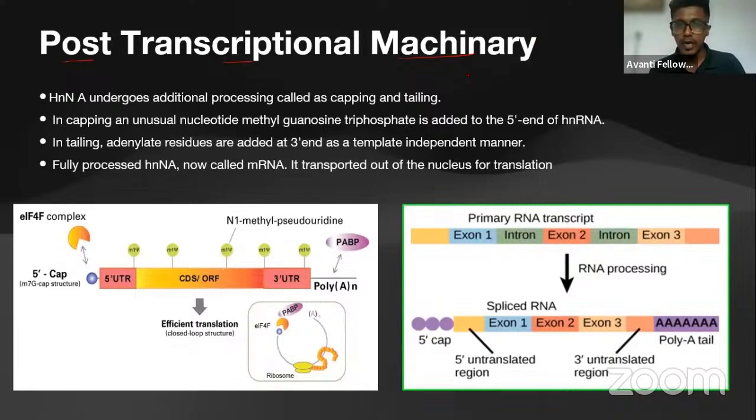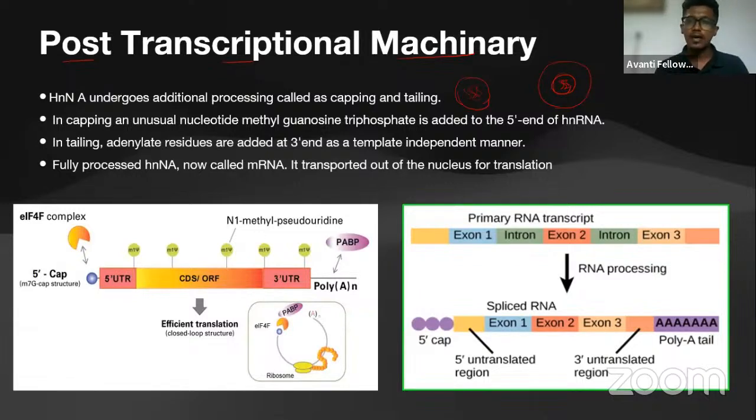Now, what happens? You know that we have two types of cells. One is your prokaryotic cell, where the nucleoid is just floating in the cytoplasm without any nuclear membrane. And then you have your eukaryotic cell. In the eukaryotic cell, you can clearly see that there is a clearly distinguished nuclear membrane. And within the nuclear membrane is very well organized genetic material in the form of DNA or chromosomes.